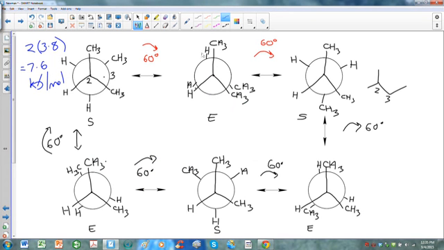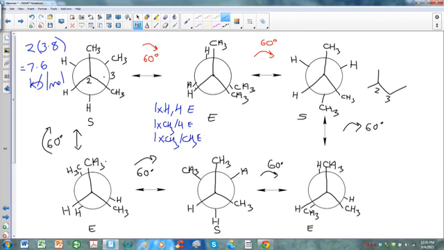When we get to this eclipsed conformation, you'll see that the energy is a lot higher. So can you see we have one hydrogen-hydrogen eclipsing conformation, we have one CH3-hydrogen eclipsing conformation, and we have one CH3-CH3 eclipsing conformation.